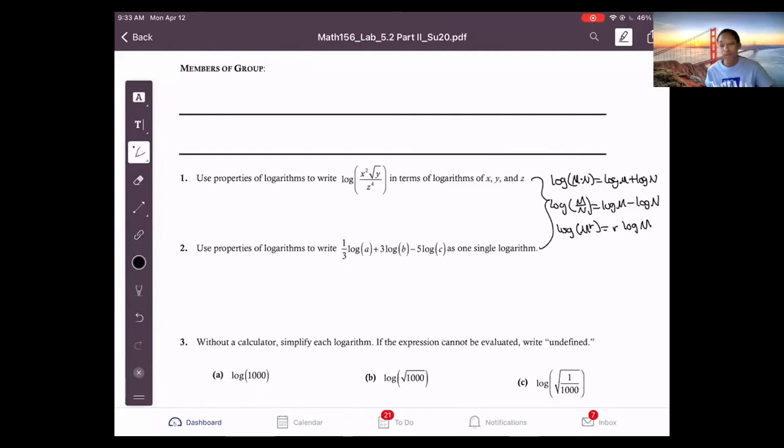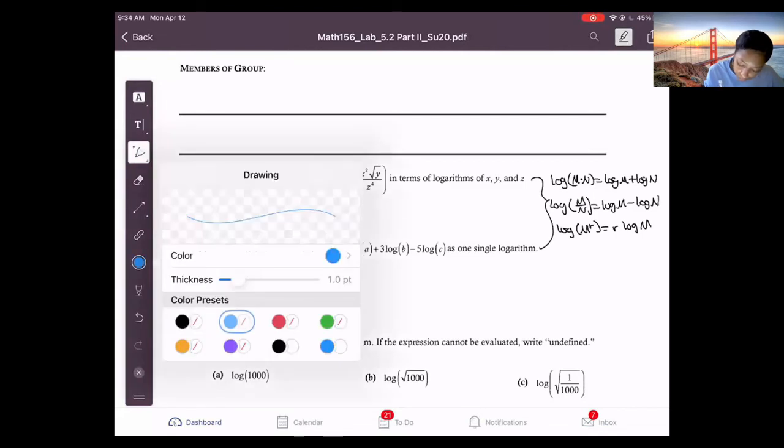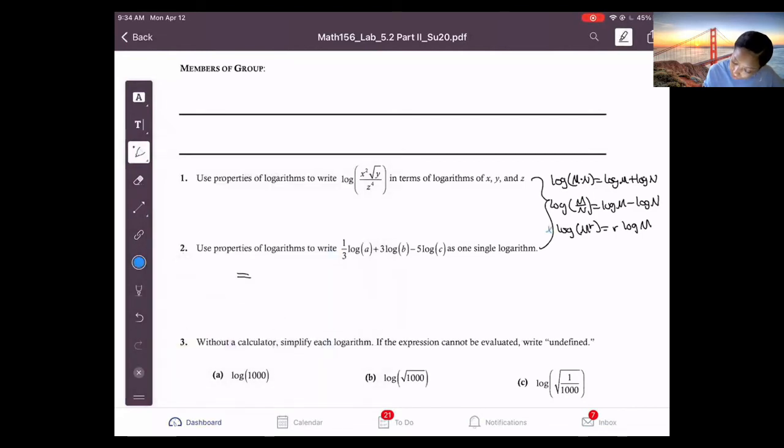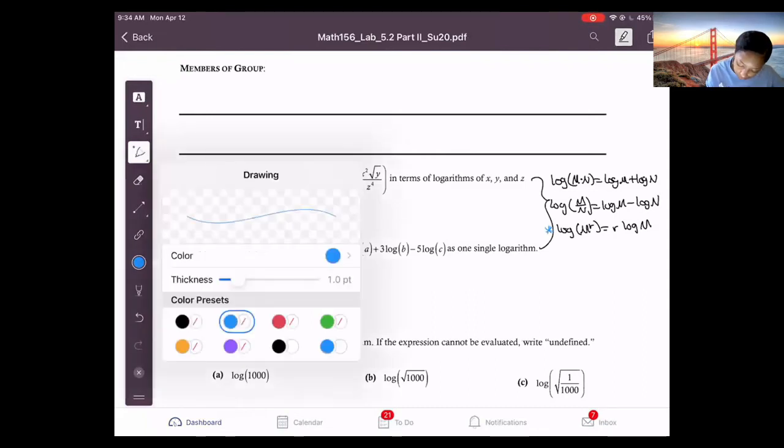For problem number 2, we're going to go the other way. Use the properties of logarithms to write 1/3 log of A plus 3 log of B minus 5 log of C as one single logarithm. First, using this third property, if there's a number up front being multiplied by your log, you can move that up to an exponent.